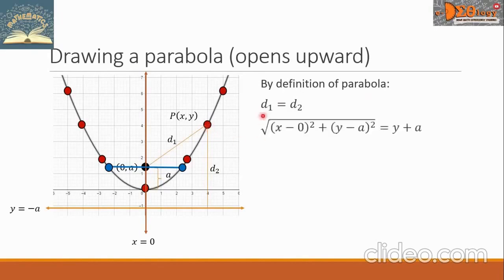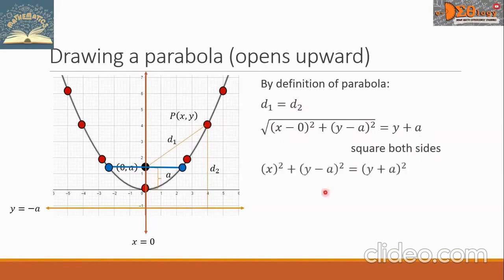So we have now d sub 1 equals the square root of (x minus 0) quantity squared plus (y minus a) also squared, equals d sub 2, and this is equal to y plus a. Let us square both sides to simplify further.